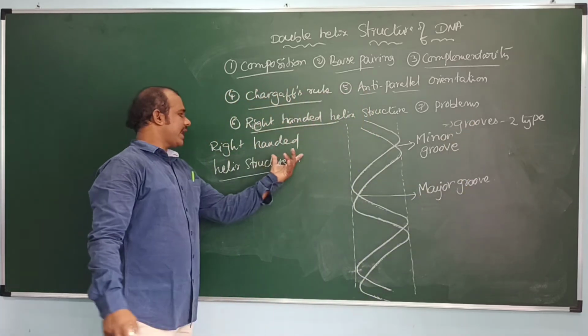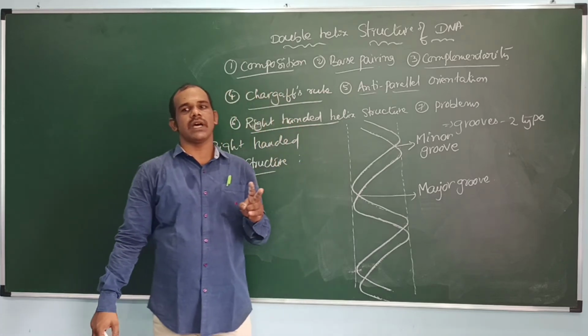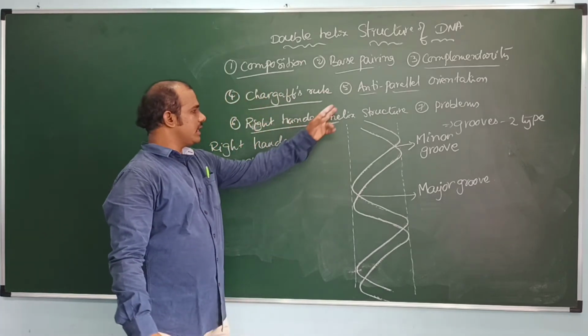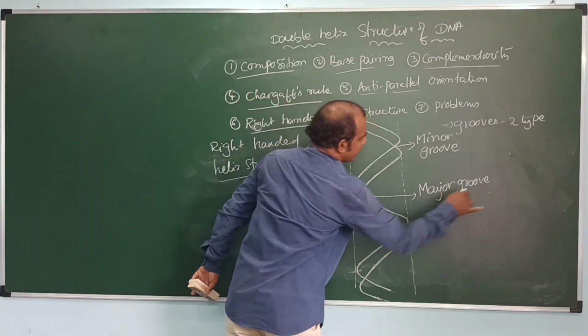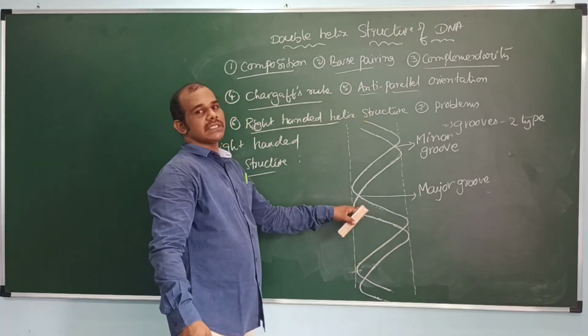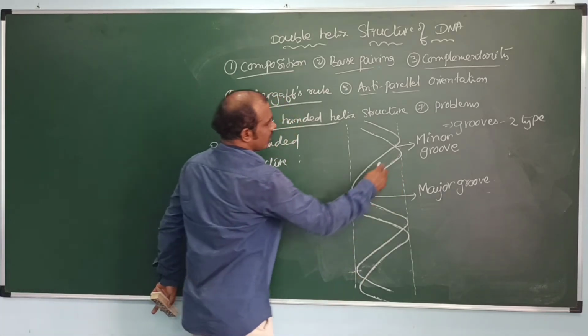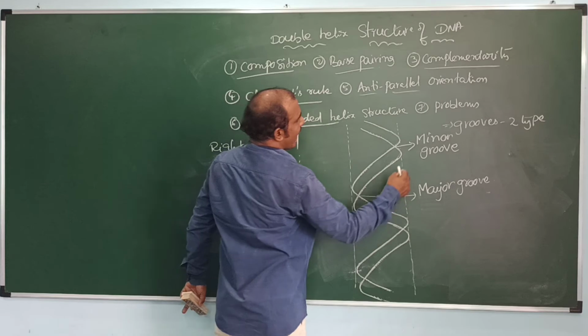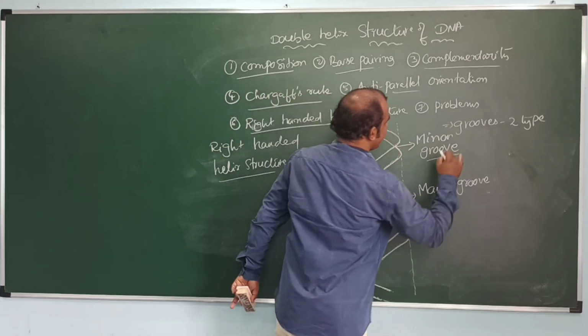As a result of right-handed helix structure, two types of grooves are formed in the helical structure. One is the major groove, which is deep as well as wide, and the other groove, which is shallow and narrow, is called the minor groove.